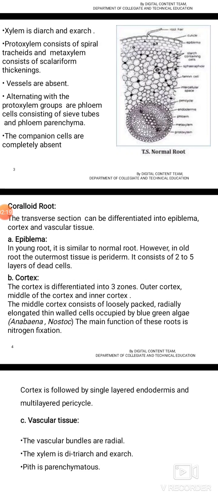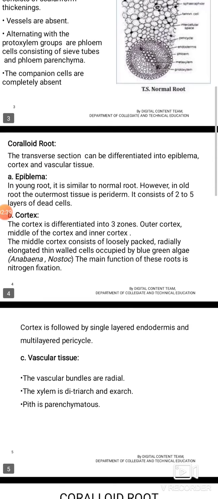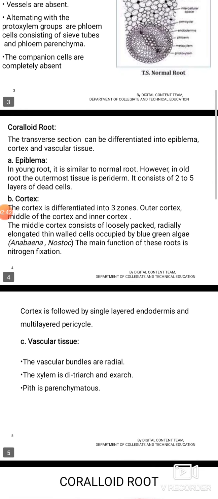The second layer is the cortex, which is differentiated into three zones: the outer cortex, middle cortex and inner cortex. The middle cortex consists of loosely packed, radially elongated, thin-walled cells occupied by blue-green algal members like Anabaena, Nostoc.